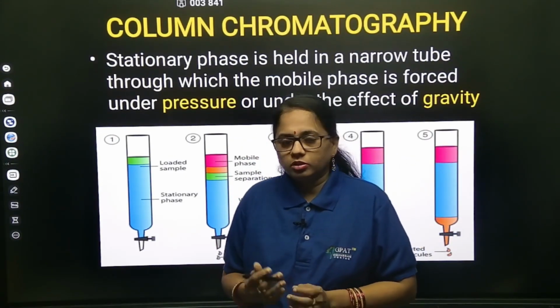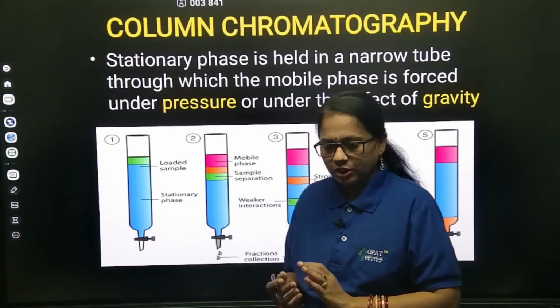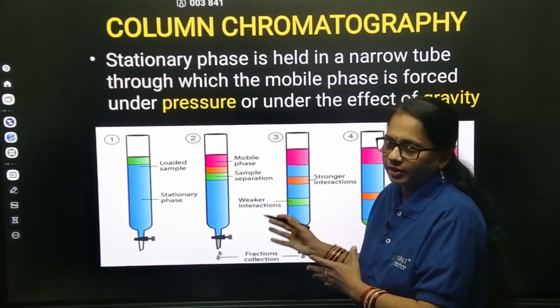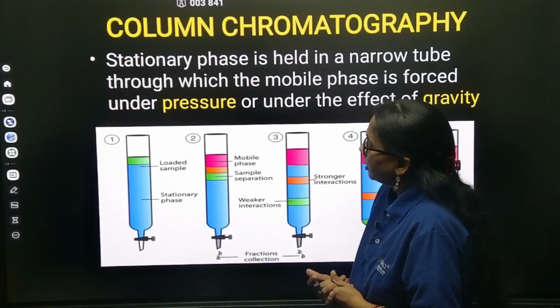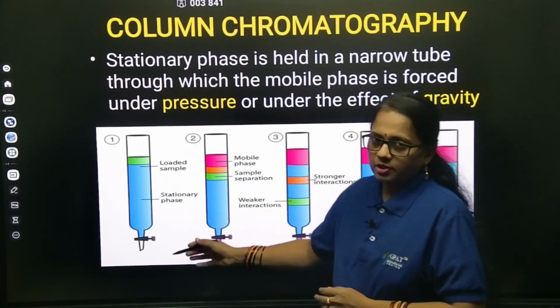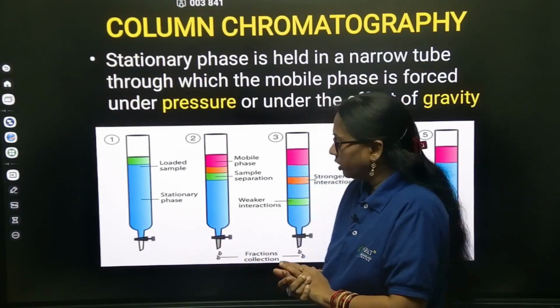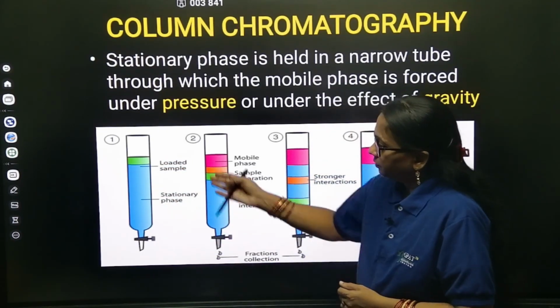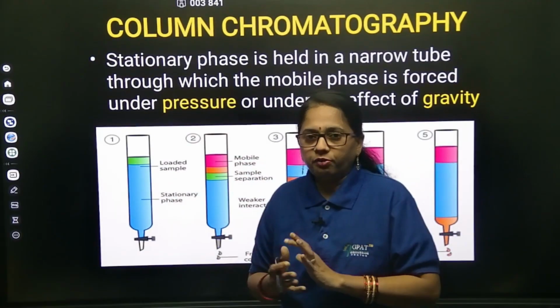Talc and starch are also used, specifically for some types of sugars and lipids. We use different types of stationary phases here, specific to the compound, but initially we have to load the stationary phase in a uniform manner.